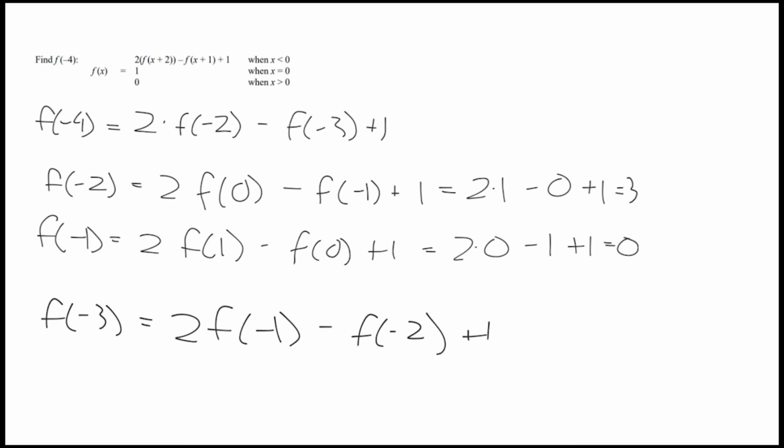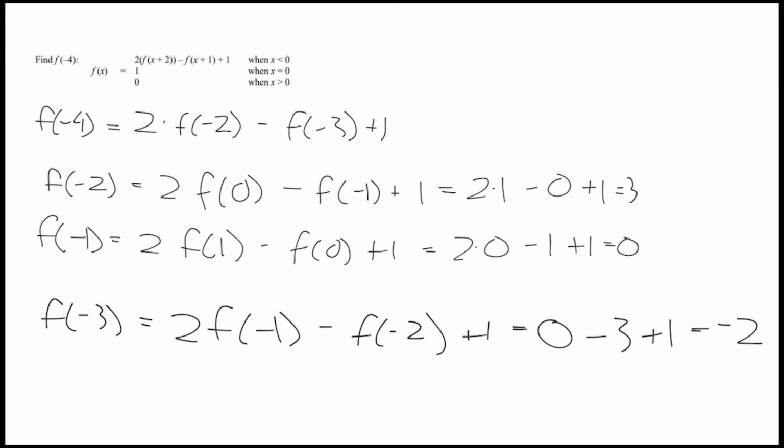We've solved for both f of minus 1 and f of minus 2, so this should be pretty easy to solve. We know that f of minus 1 is 0, so 2 times 0 just becomes 0. And we know that f of minus 2 is 3, so minus 3, and then we have the plus 1. This equals minus 2. So we know that f of minus 3 is minus 2.